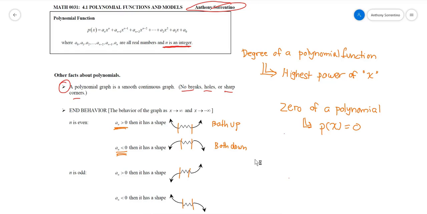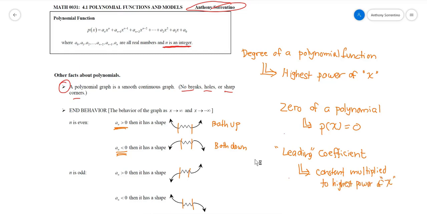Leading coefficient, very misleading as far as the word goes. That's the constant multiplied to the highest power of x. It's important to note it that way.